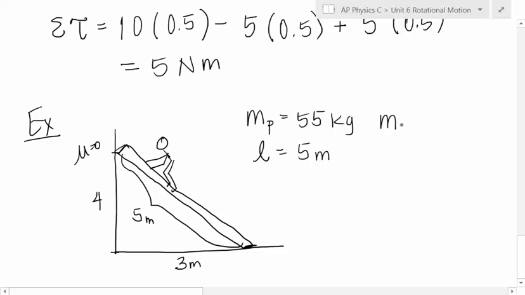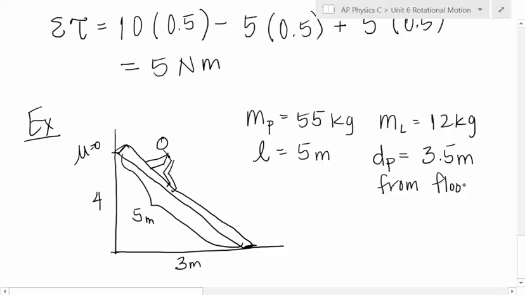The mass of the ladder itself is 12 kilograms. And the position, I'm going to call it D for my person, he's at 3.5 meters from the floor. So the person is at 3.5 meters from where the ladder touches the floor.